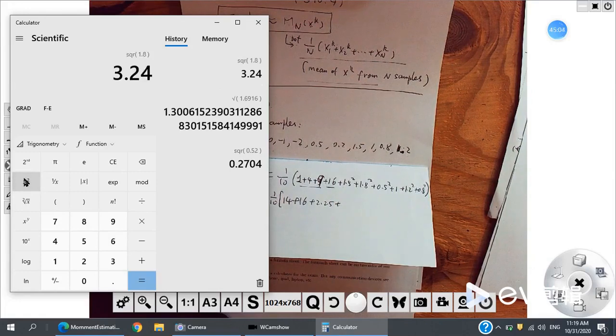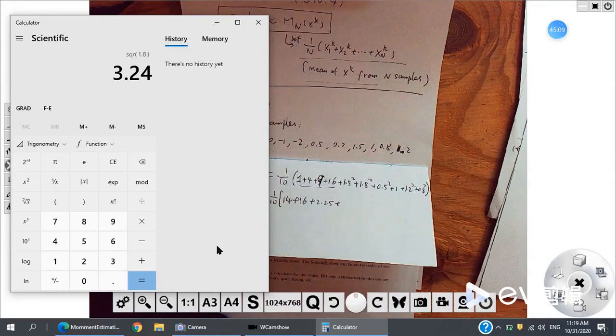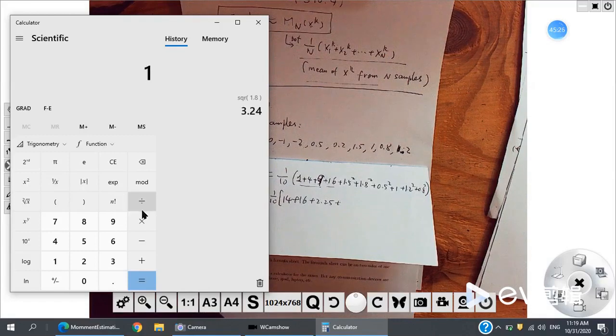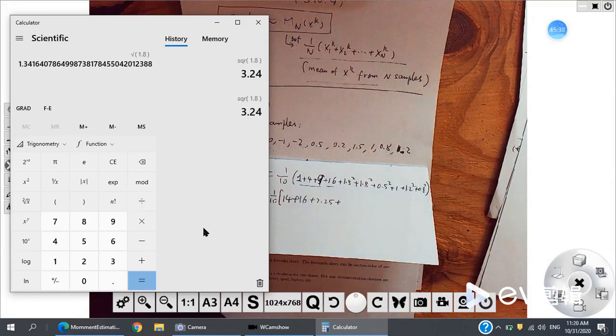Oh, SQR here means square. You know, in MATLAB, and I think also in C, SQR means square root.